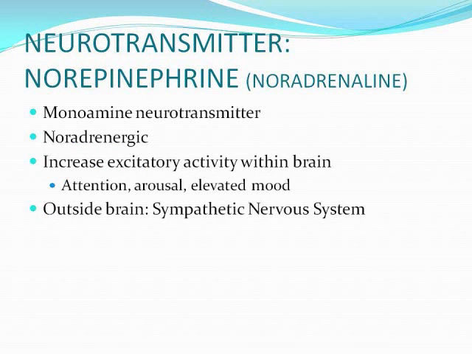Norepinephrine, which is also called noradrenaline, is a monoamine neurotransmitter, and it is associated with excitation within the brain, a person having better attention, arousal, elevated mood. Outside the brain, it is the major player in the sympathetic nervous system.